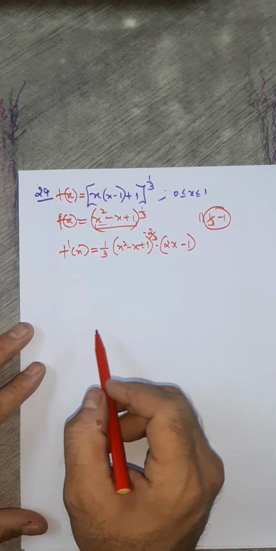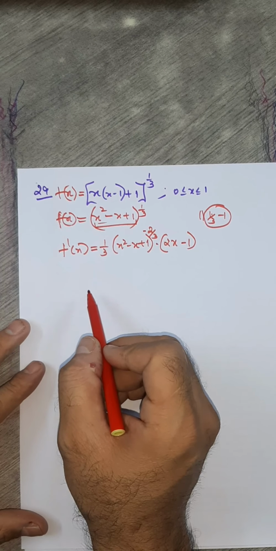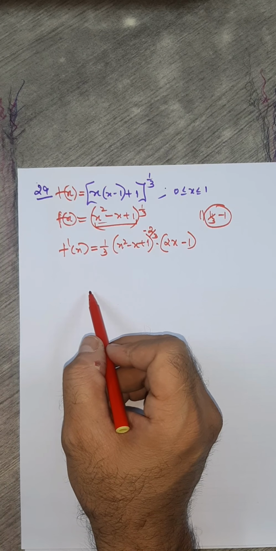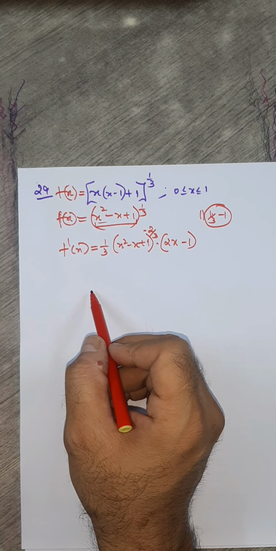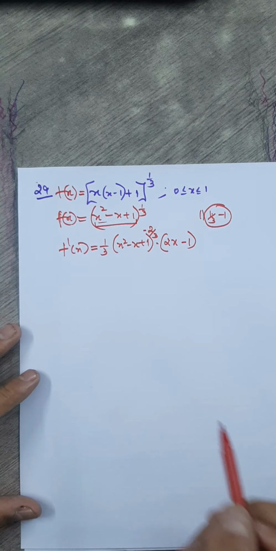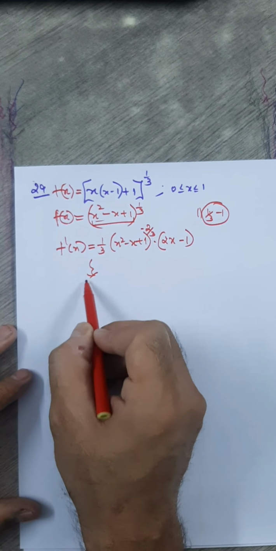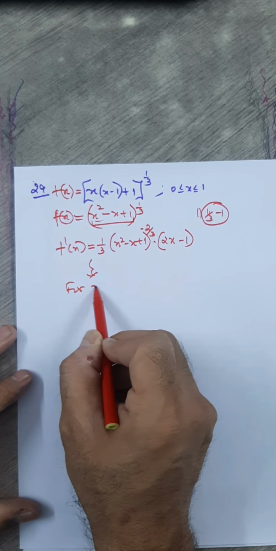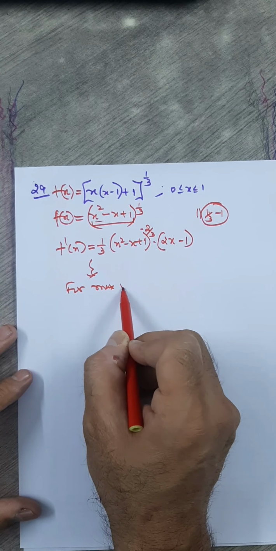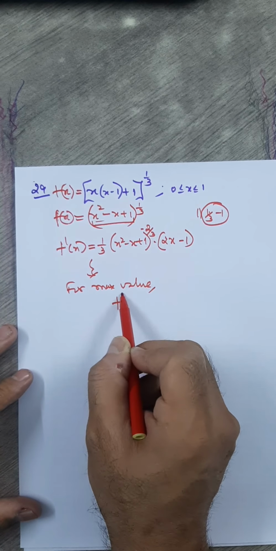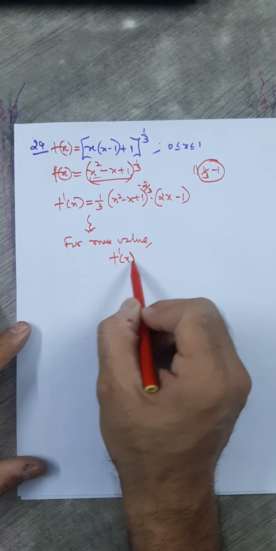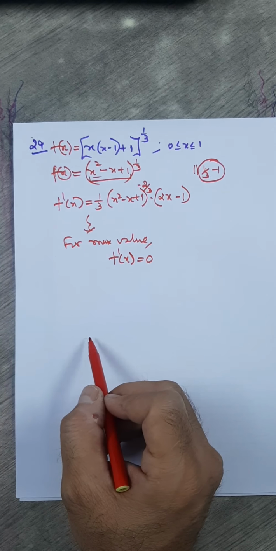Now, in MCQs, normally you have options, so no need to go for double derivatives here to decide maximum or minimum value. So what we'll do now, for maximum value, we put f dash x equals to 0. Okay.